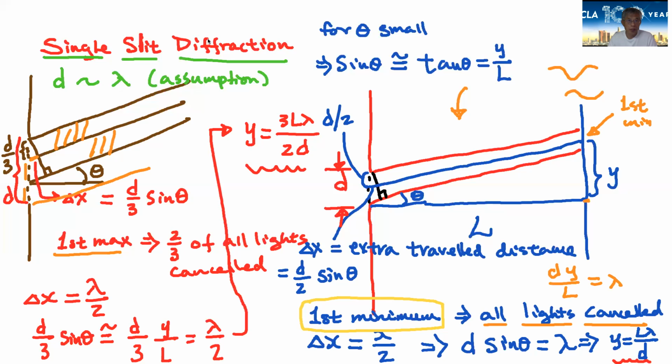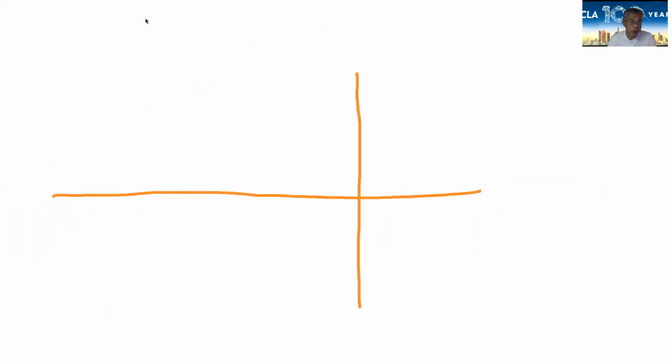I'm going to clear this and give a little drawing for this. On the screen, in the middle, you will see the central maximum. That's when all the light comes.